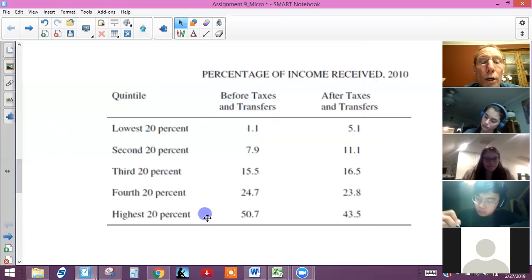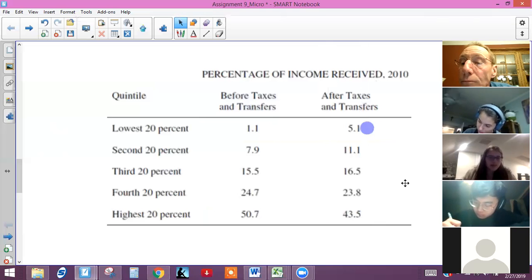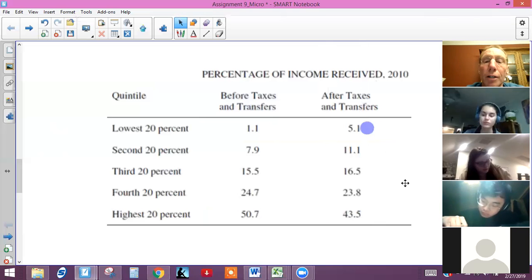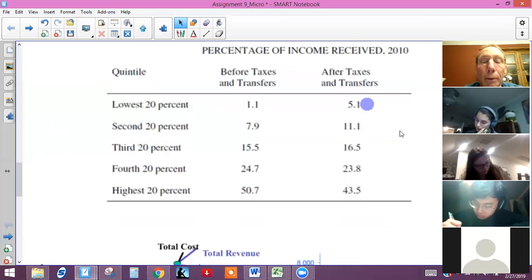The highest 20% of the income earners got 7% less, and the lowest 20% got 6% more. So you see there was a transfer from here to here, right? Does that make sense? Okay, so that's just something that I wanted you to be able to look at.